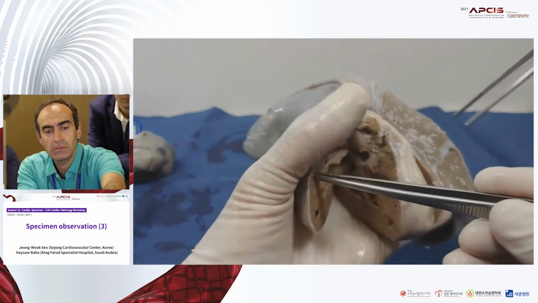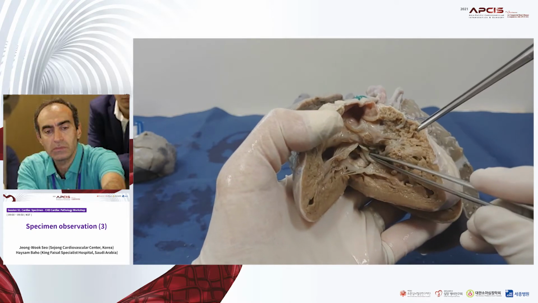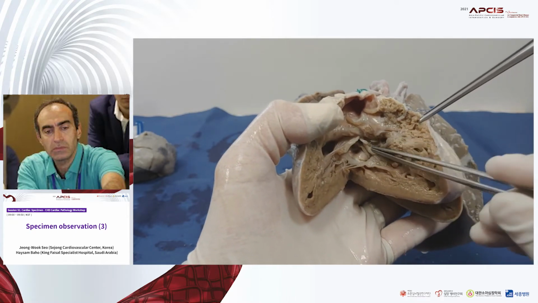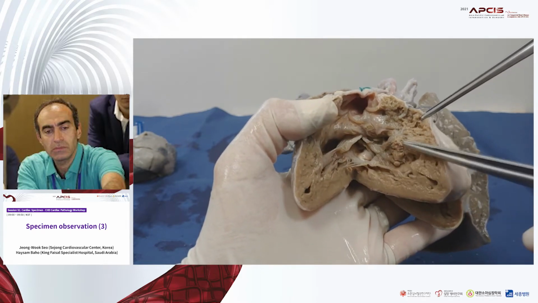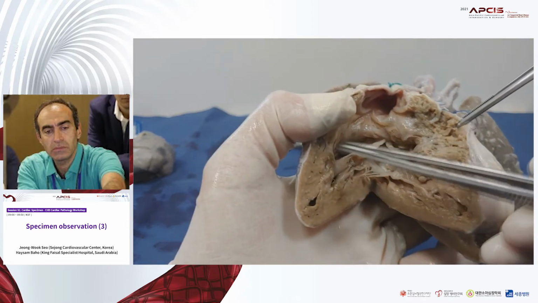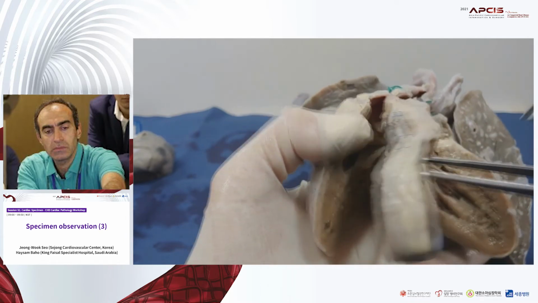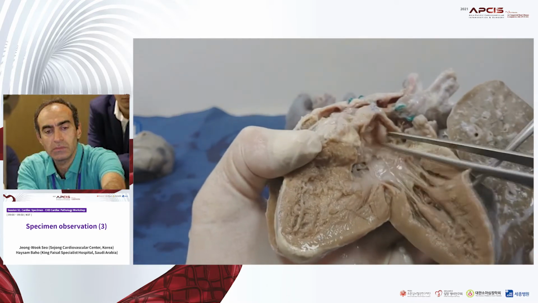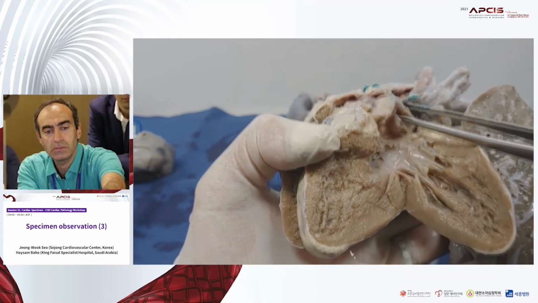So this is transposition of the great vessels. However, if we look at the septum, we see that there is a ventricular septal defect right there. This ventricular septal defect is important to provide an additional source of mixing between the pulmonary and systemic circulations. And in this particular setting, we can see that in the pulmonary valve, there's significant stenosis right there.